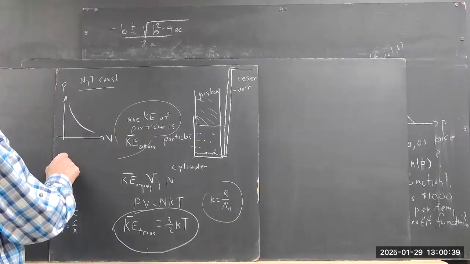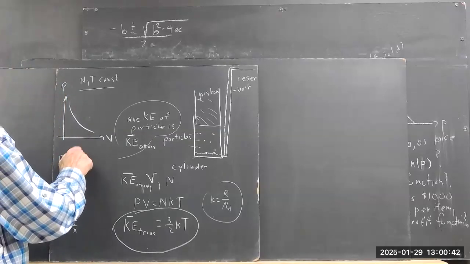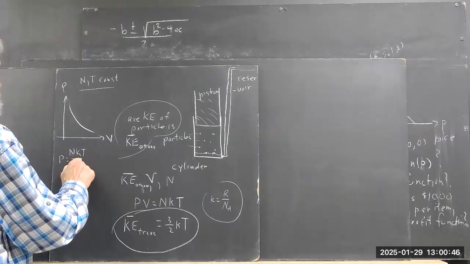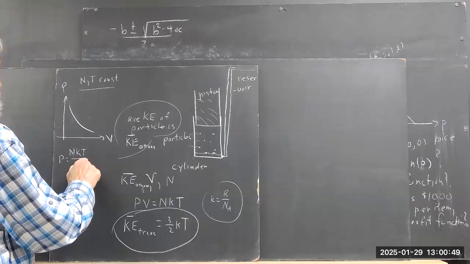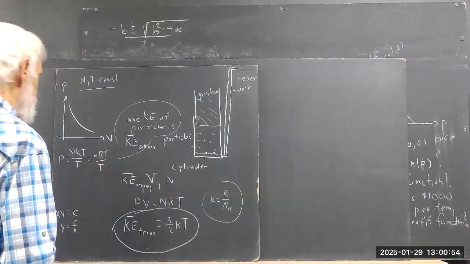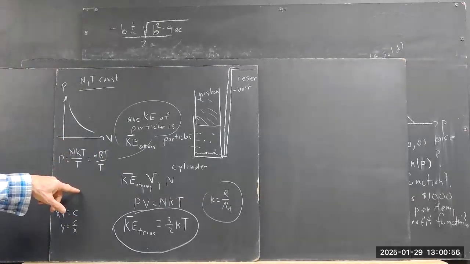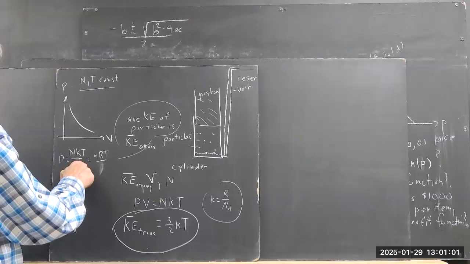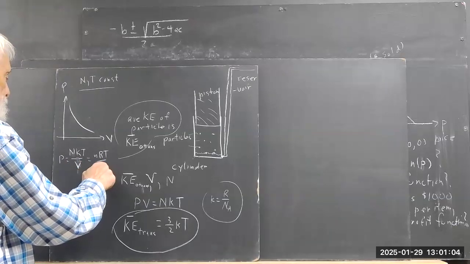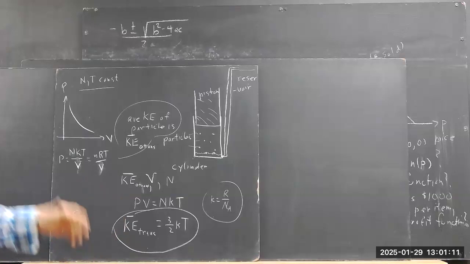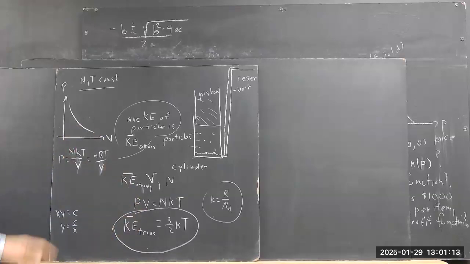So your equation here, of course, would be P equals NKT over V. Either NKT or nRT, different n's, different constants with the same value.